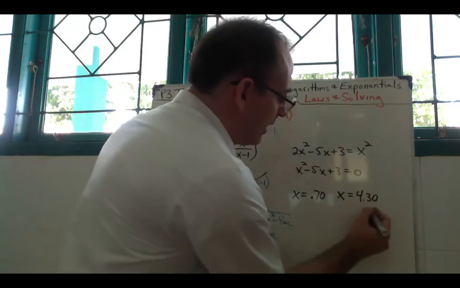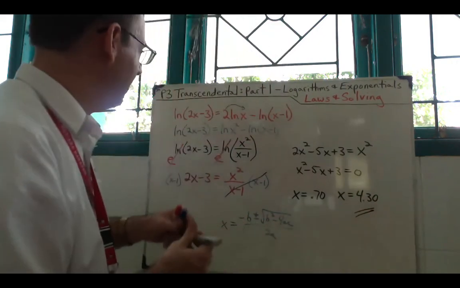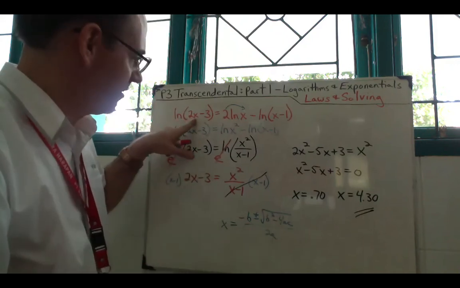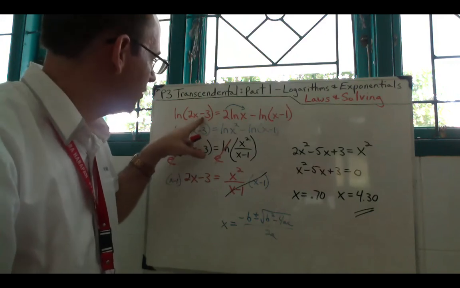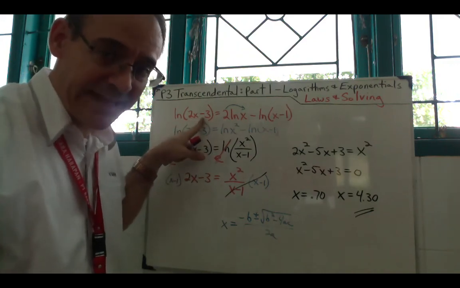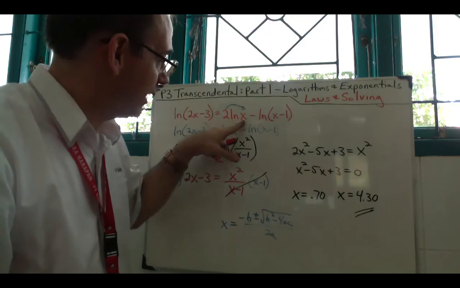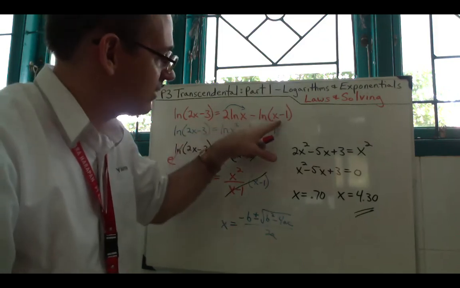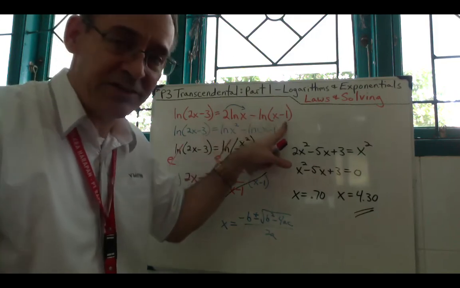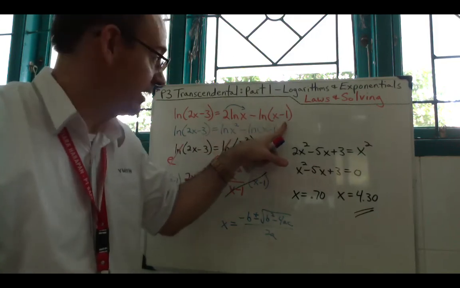What about the 0.7? Well, if we have 2 times 0.7, that's 1.4. 1.4 minus 3, uh-oh, that's negative. If we put 0.70 here, it passes here. And if we put 0.7 here, 0.7 minus 1 is negative 0.3.